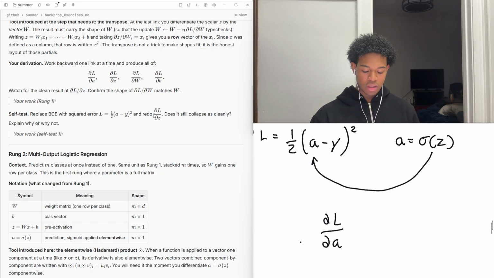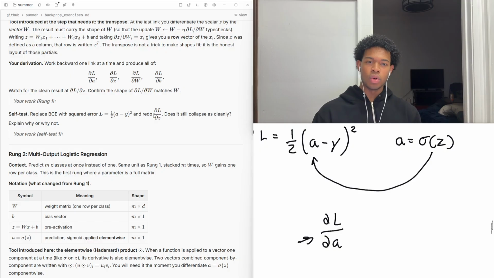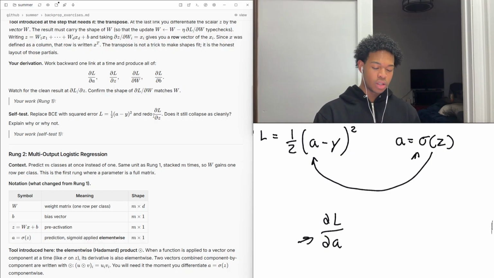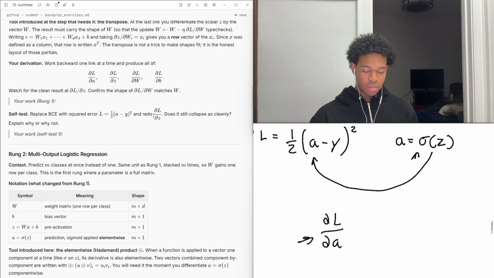If this is the parameter that you're able to shift, even if it is a function, you wouldn't go any further because this is where you're going to choose to shift. Even if A equals sigmoid of Z, if A is where you're controlling, it also kind of doesn't make sense that A equals sigmoid of Z. So there's a few things going on. But you would just stop here. It's like, okay, now you know what you want. You have your gradient to perform descent with.